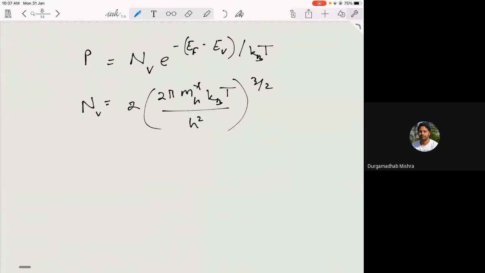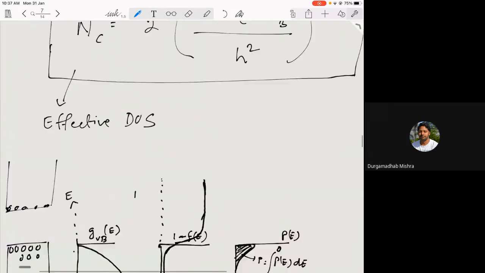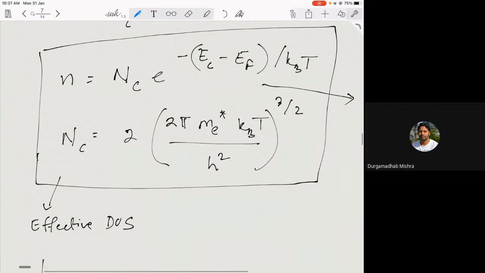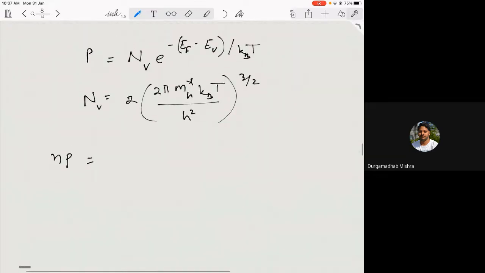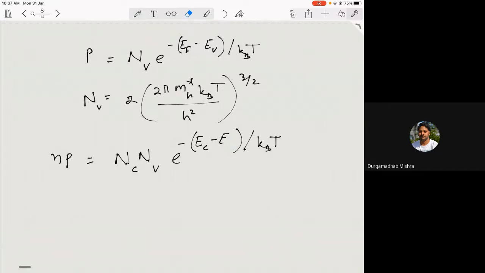If I multiply the number of electrons and number of holes, n and p, where the value of n is this much and the value of p is this much, then a very simple, straightforward answer is exponential minus (EC minus EV), sorry, EC minus EV by kBT.